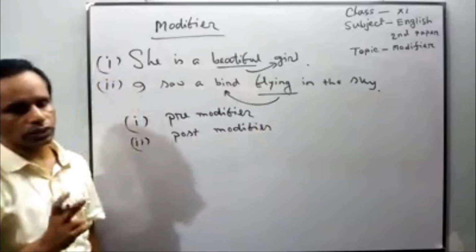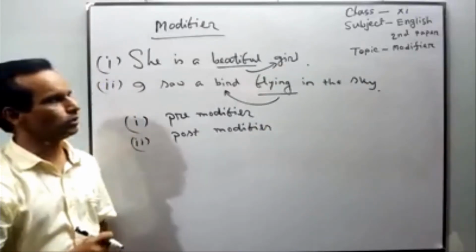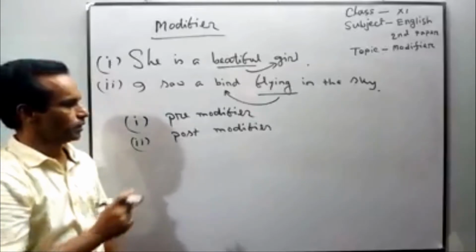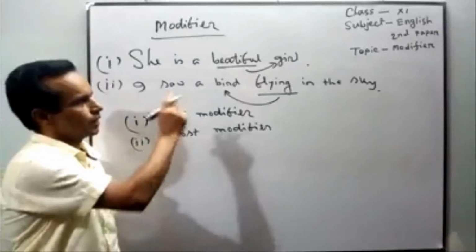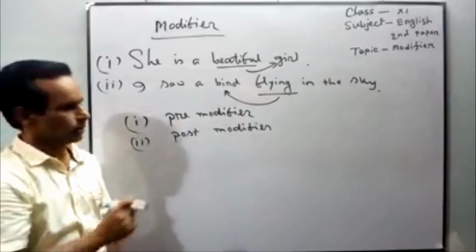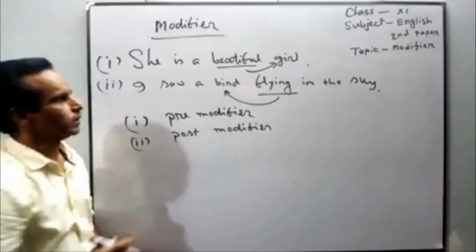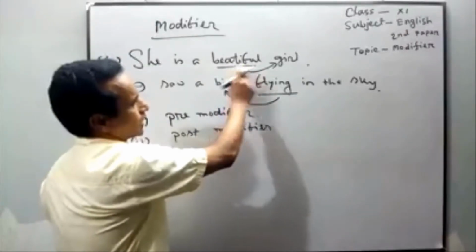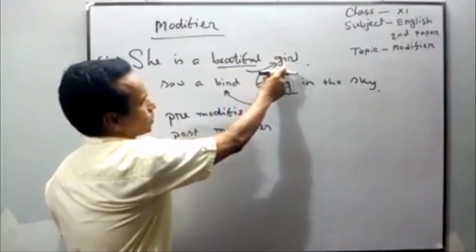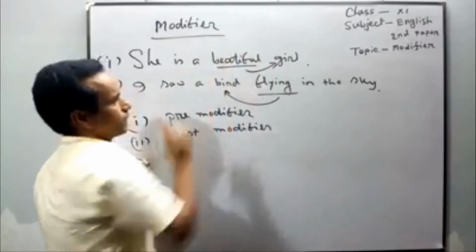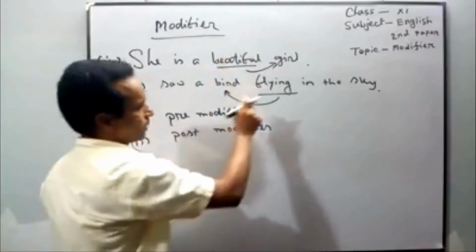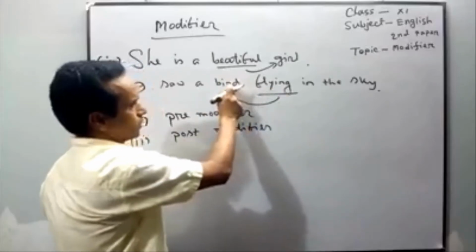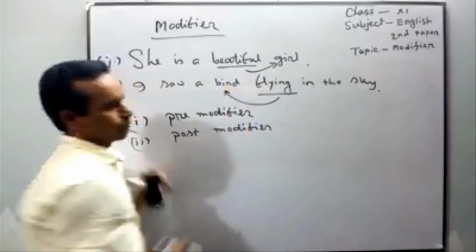The modifier which sits before a word is called pre-modifier, and the modifier which sits after a word is called post-modifier. In the first sentence, beautiful has sat before the girl, so this is pre-modifier, and in the second sentence, the word flying has sat after the word bird, so this is post-modifier.